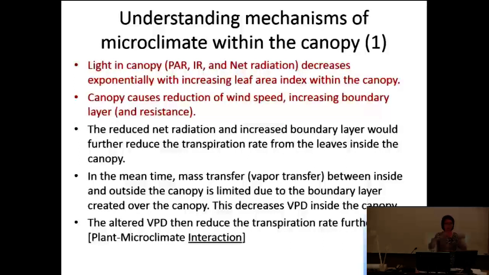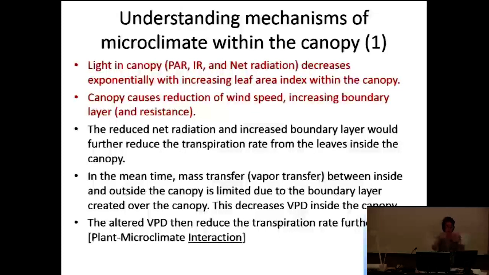Okay, so that increased moisture is basically low VPD, right? Vapor pressure deficit is small because of high moisture concentration, which decreases the transpiration rate even further in the canopy. So basically inside the canopy, transpiration rate is pretty much restricted compared to the top of the canopy.